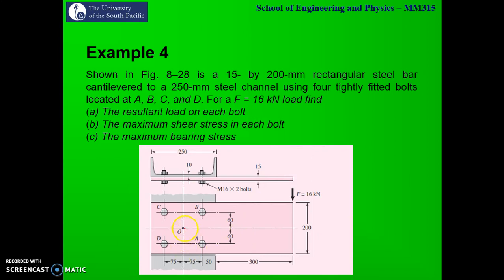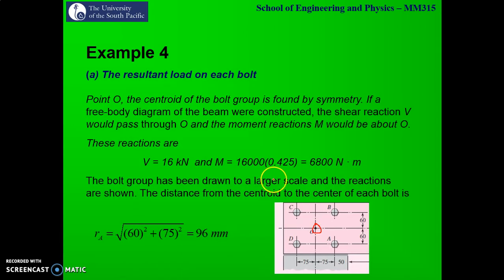So again, this is your centroid, and the distance of the centroid to the point of application of that force is 300 plus 50 plus 75, which is 425 mm.